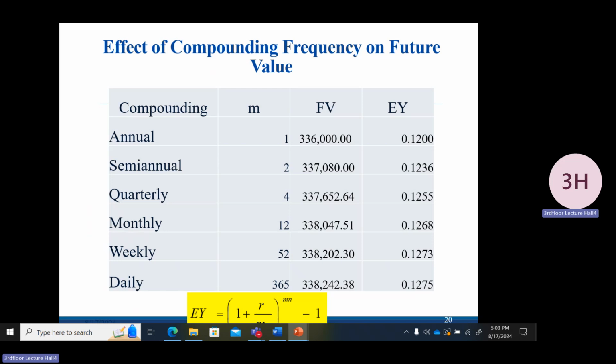If your interest compounds daily, you will get 12.75. This is what you have actually received, 12.75, even though the bank said 12%. You are getting more because of this compounding impact, because of this reinvestment impact.